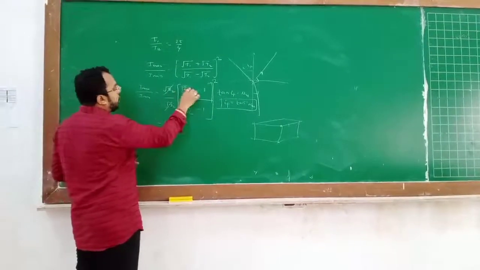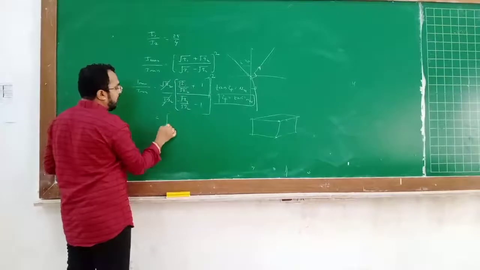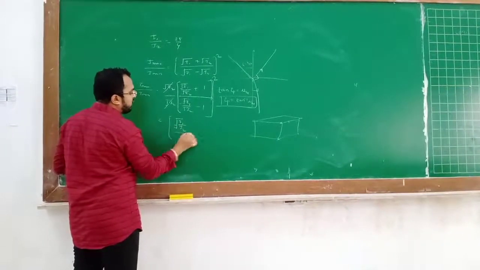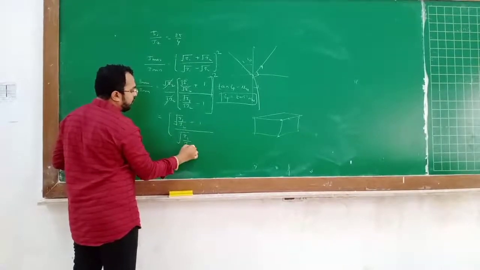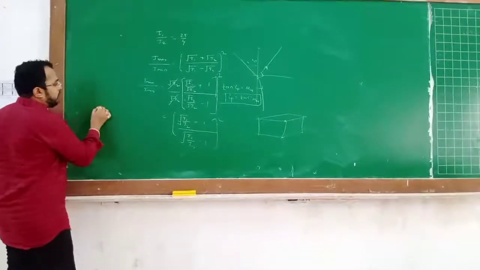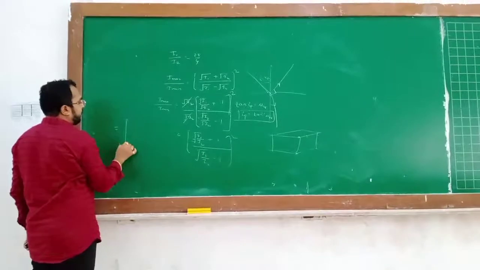Now root I1 upon root I2 means the root covers the whole of I1 upon I2. Inside the root it is I1 upon I2, plus 1 in the numerator, and I1 upon I2 minus 1 in the denominator, the whole square. What is the value of I1 upon I2? It is 25 by 4.